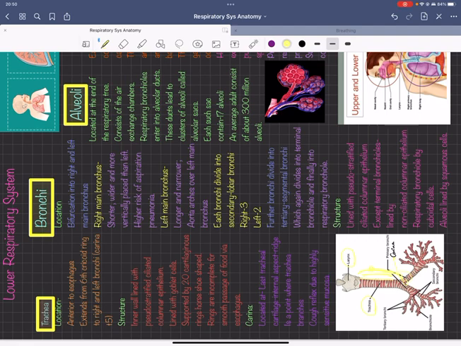Because of this, the chance of aspiration and the complications related to aspiration is very, very high among the elderly or among people who are critically ill, because the food pipe and the airway are very close to one another.